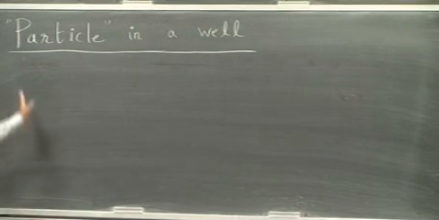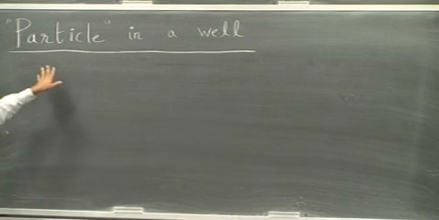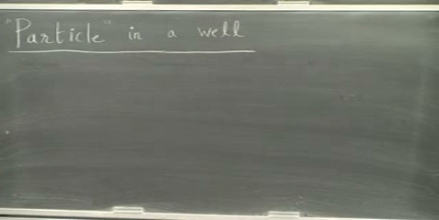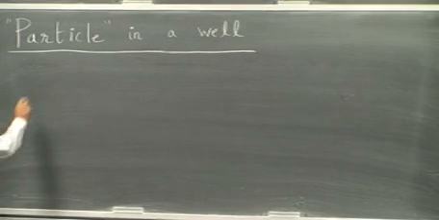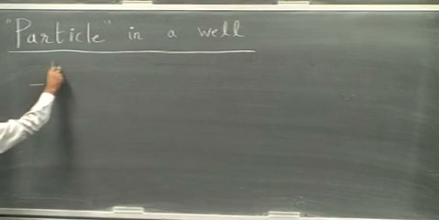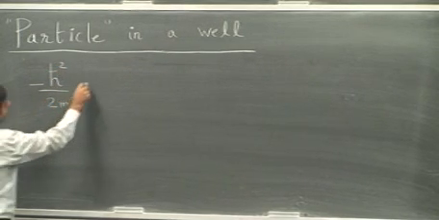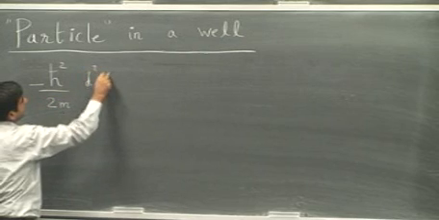Before I go into the discussion of a particle in a well, let me remind you of the time independent Schrodinger equation, which is minus h bar squared over 2m d squared psi of x.